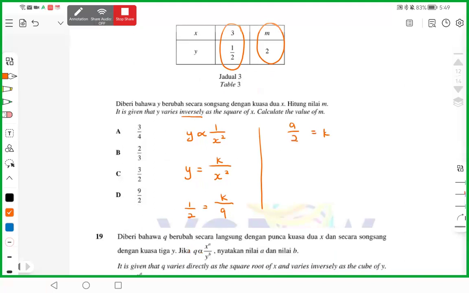So 9 over 2, right? Now we want to find the value of m, which is equal to x also. y equals 9 over 2 over m squared, because x is m, so change place.